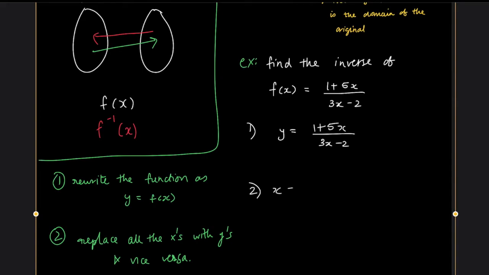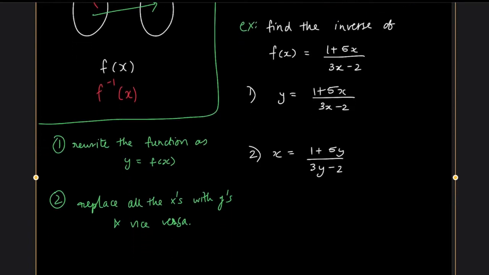So it would be x is equal to 1 plus 5y over 3y minus 2. Notice how the x and y have swapped. And now what we need to do is solve for y. Once we've swapped them, now we solve for y.